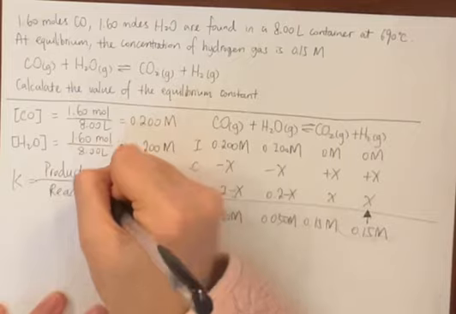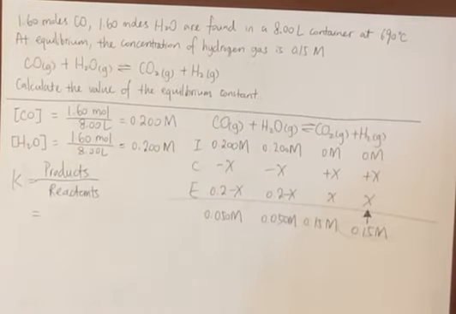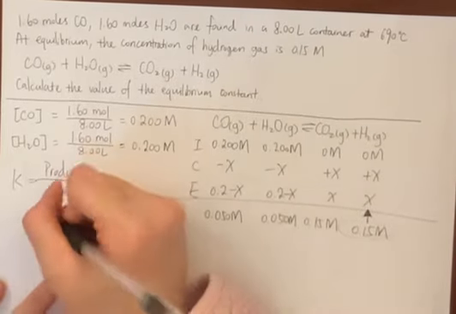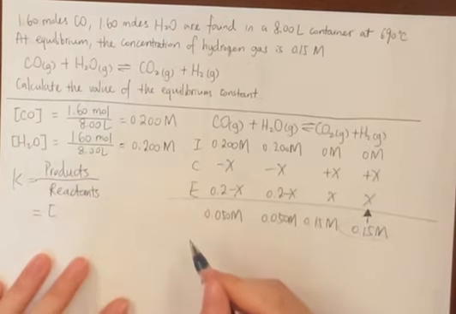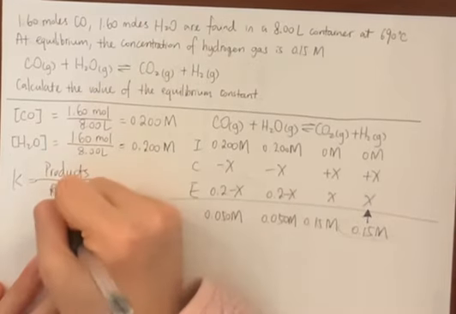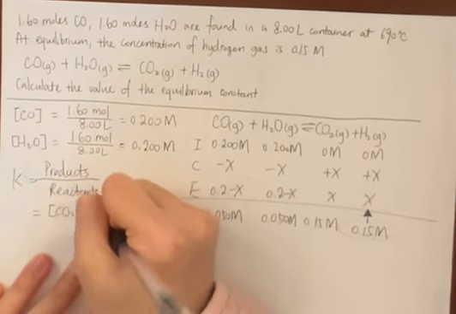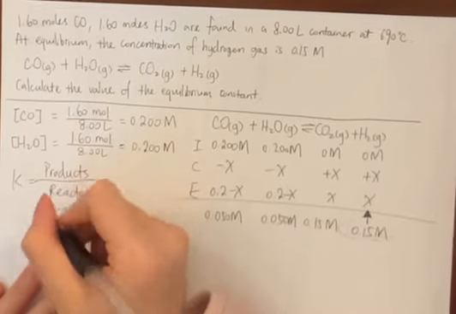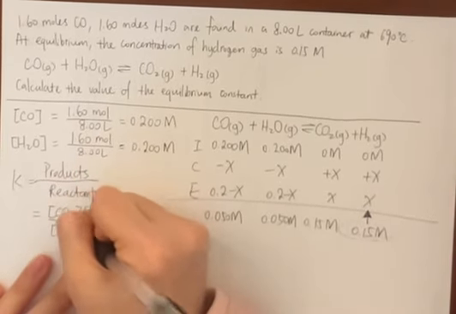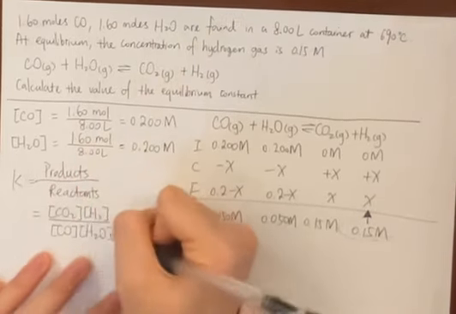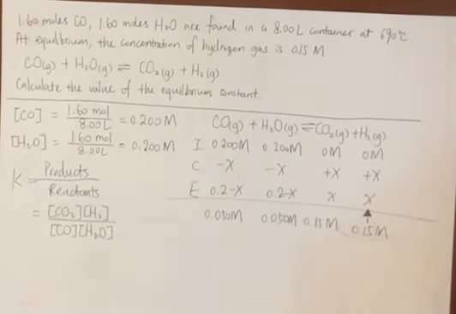And one thing you have to be aware of is that the products here will be the CO2 and the H2, and the reactants will be CO and the H2O. And the good thing about this question is that all of the reactants and products are given to you in the gas state, which means you just have to directly plug that into the equilibrium constant equation.